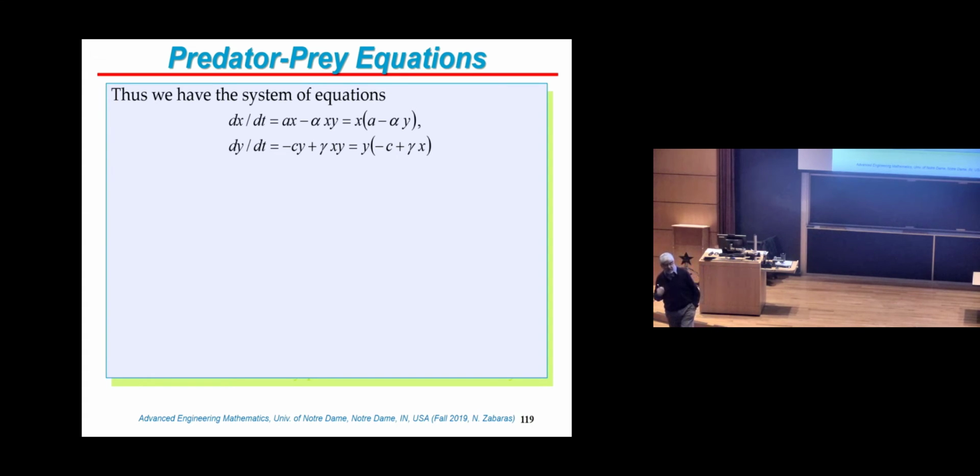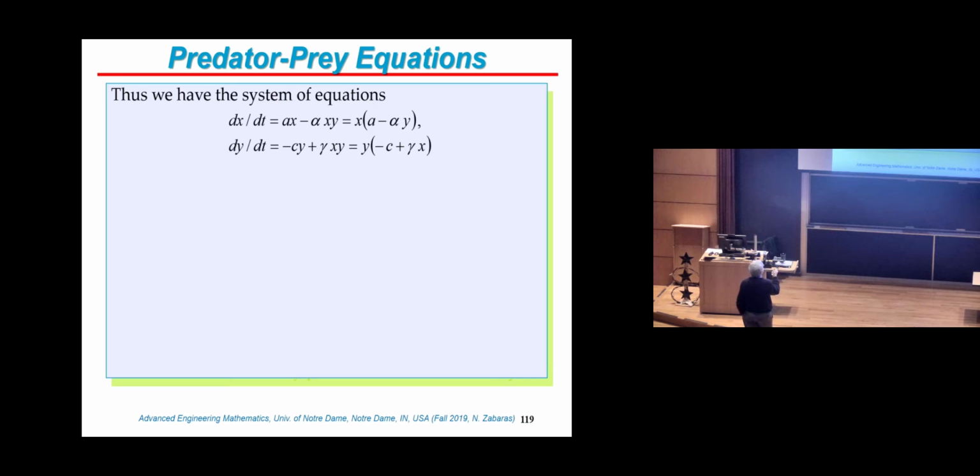Why don't I say that it will be reduced proportionally to how many y's I have? So the two species have to interact, right? And the question is, how many interactions, how many times do they get together? And that is proportional to the product x times y.